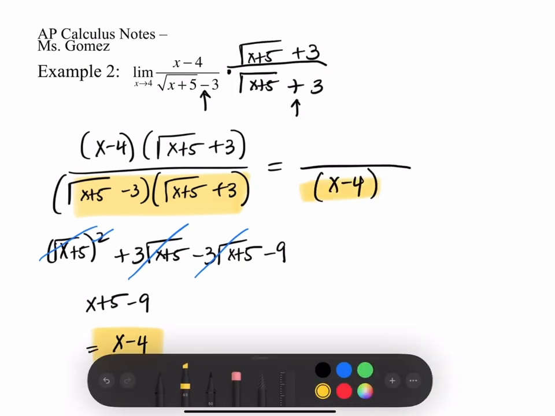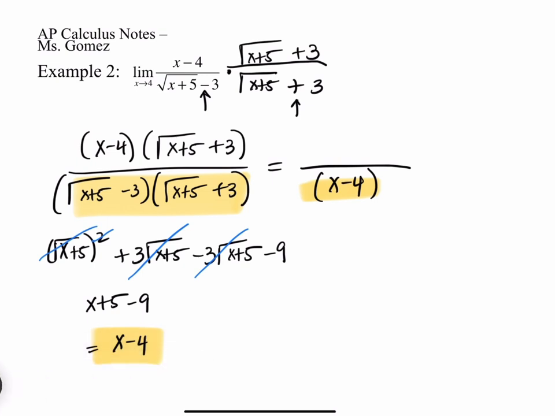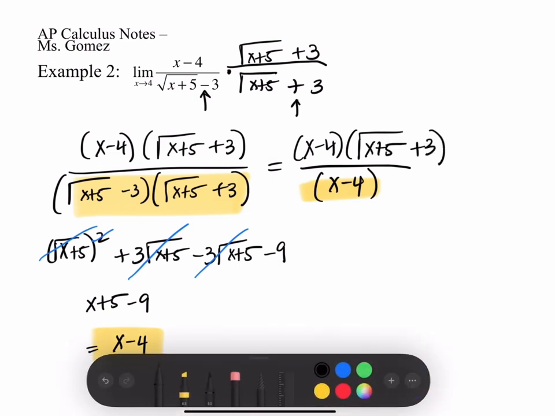Okay, and so now let's bring over the numerator. I thought we were going to have to multiply the numerator binomials, but I don't even have to because check it out. X minus 4 on the top, x minus 4 on the bottom. It's bound by multiplication, so I can cancel that on the outside of those parentheses.